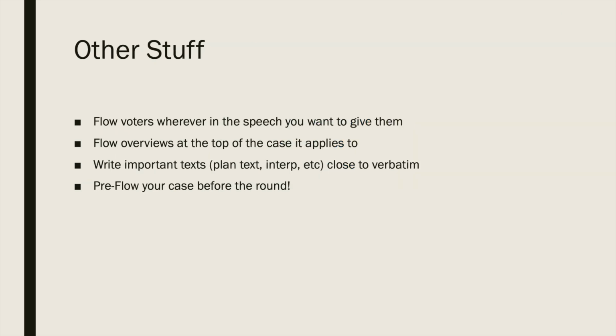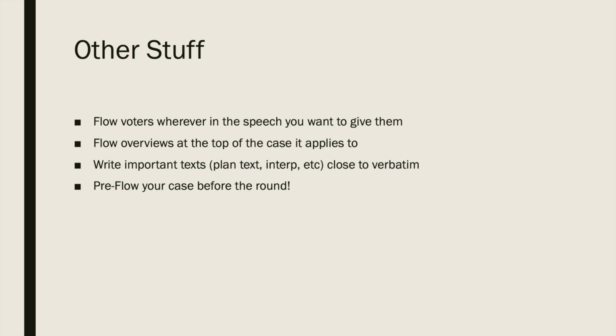Other stuff, just miscellaneous things like formatting advice, flow voters wherever in the speech you want to give them. So this is sometimes a little bit confusing to people because you think, voters go on my case, but the general rule of thumb for ordering your speech is that you address your own case first and then your opponent's, which means if you want to give voters at the end of the speech, you're going to give them after you address your opponent's case.